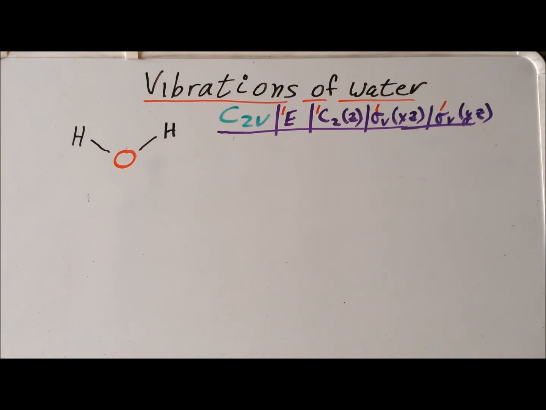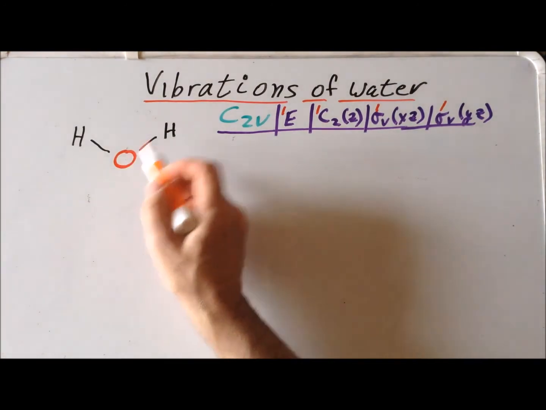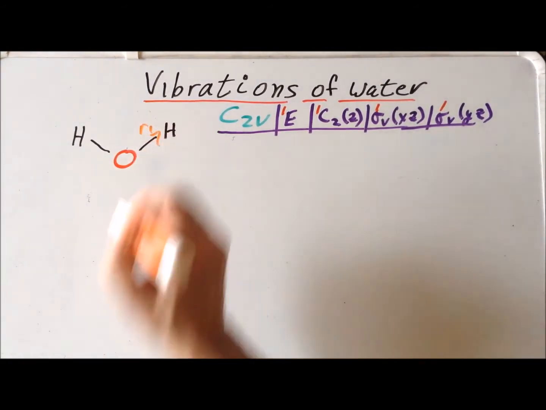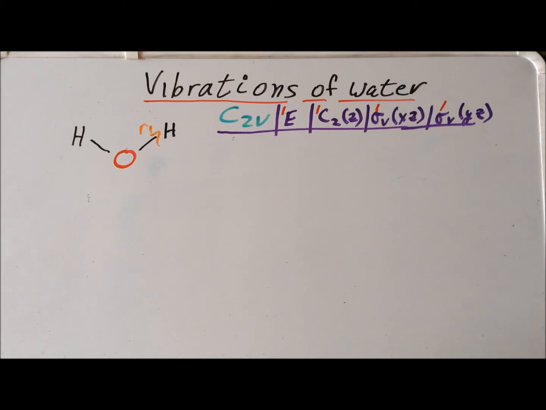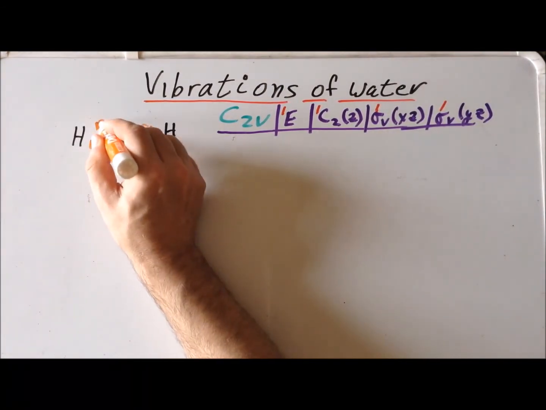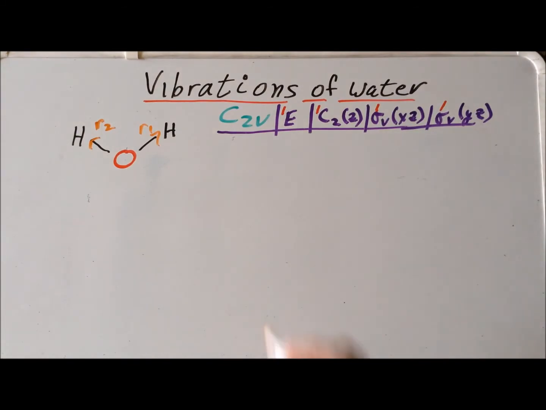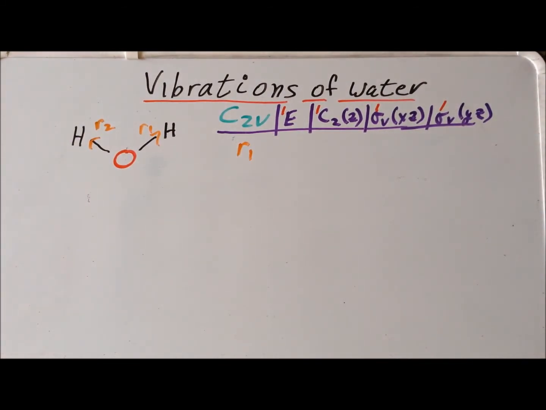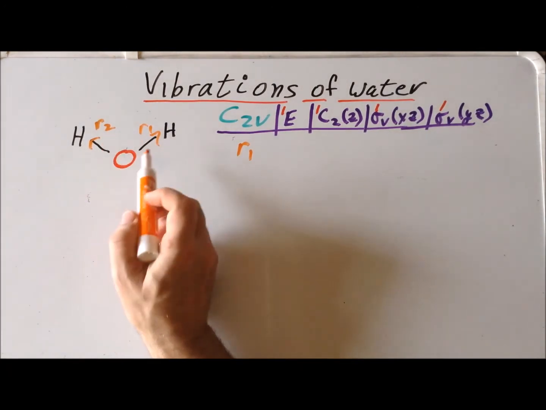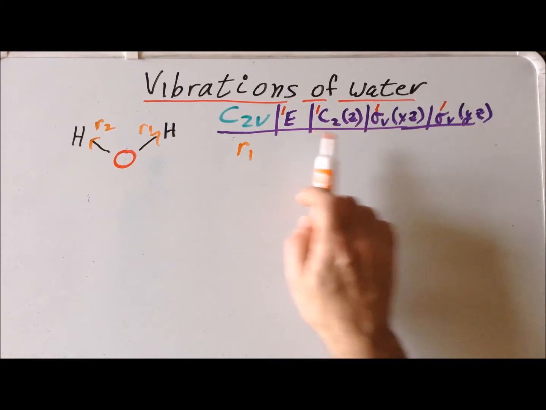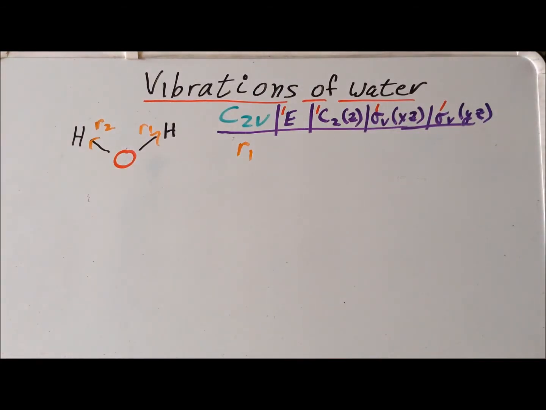For this portion of our derivation, we want to think of the oxygen-hydrogen bonds as vectors. So the rightmost bond we call the vector R1, and the second OH bond we'll refer to as vector R2. And we want to see what happens to vector R1. We could use either R1 or R2 because we notice that these are interconverted by at least some of the symmetry operations of the group.